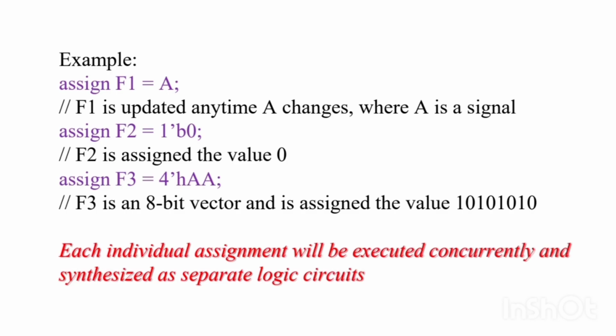Then comes assigning a value to f3: assign f3 = 4'hAA; This is a hexadecimal value, so that is assigned to f3. Each individual assignment here, that is for f1, f2 and f3, will be executed concurrently and synthesized as separate logic circuits.